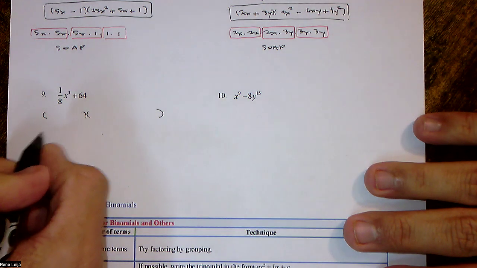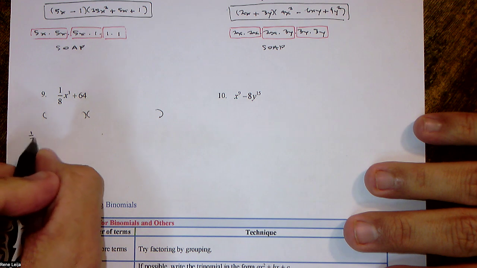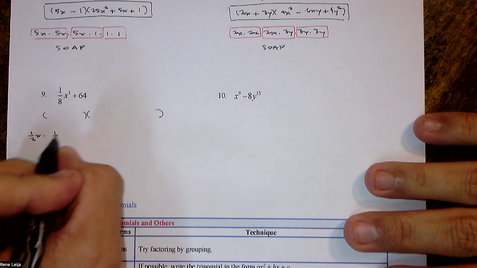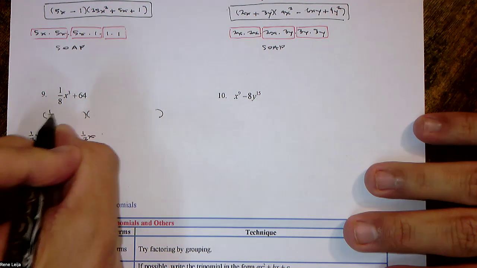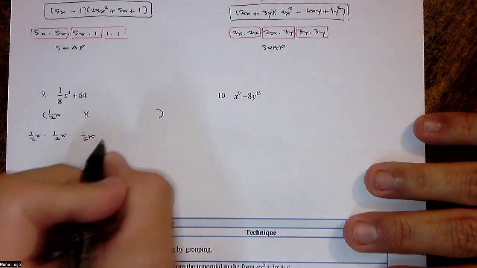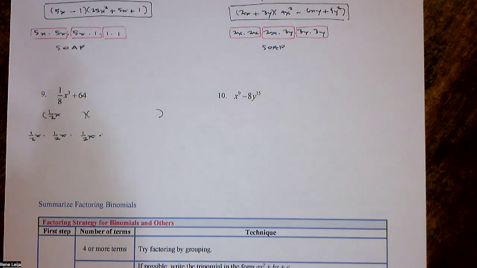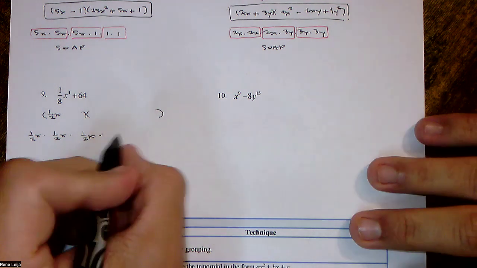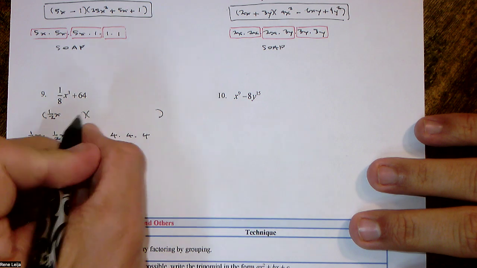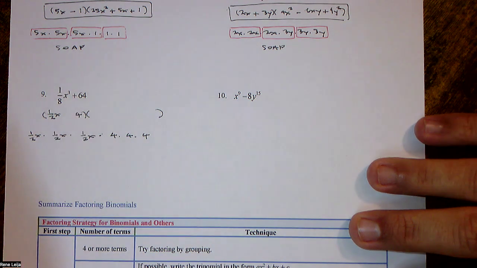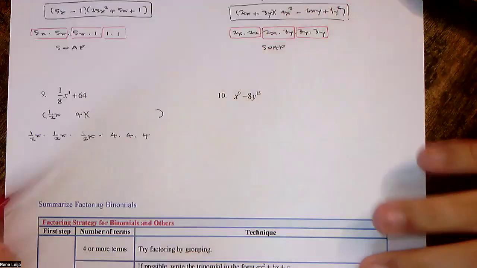So 1/8 x cubed would be 1/2 x times 1/2 x times 1/2 x. So that's a 1/2 x. 64, be careful, 64 is a perfect square, but we're looking for cubes. So that's actually going to be a 4 times 4 times 4, and that goes there. Okay, now we pair these up.